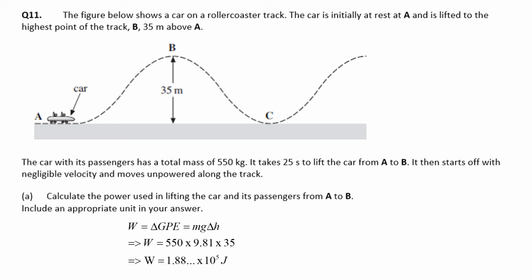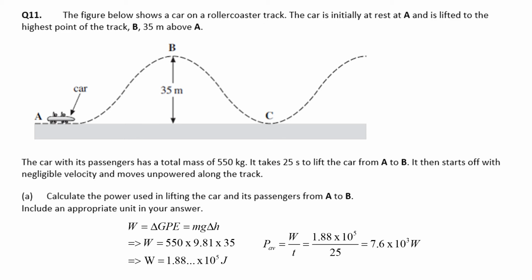We can calculate the change in GP, and that's the amount of work we've done. The average power would be the work done divided by the time over which that work is done, which is given by this expression, and we're given the unit of watts because it's a unit of power.